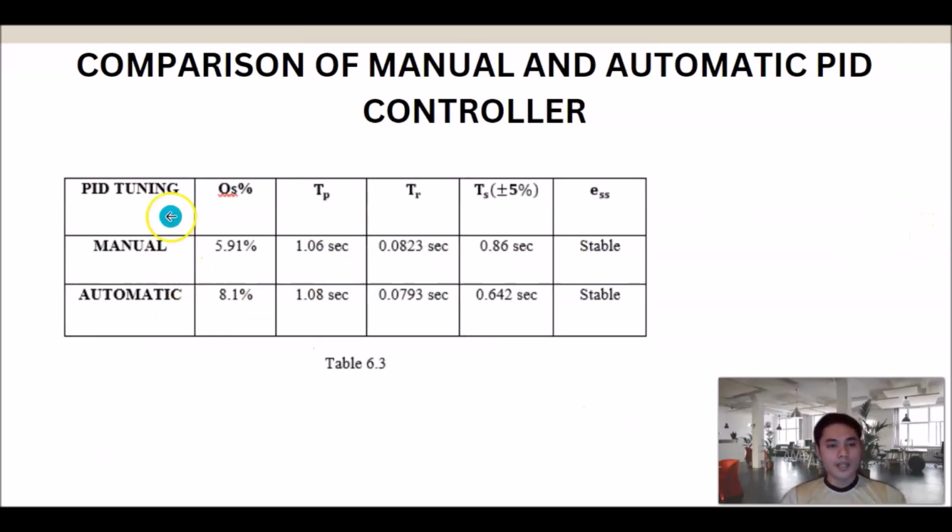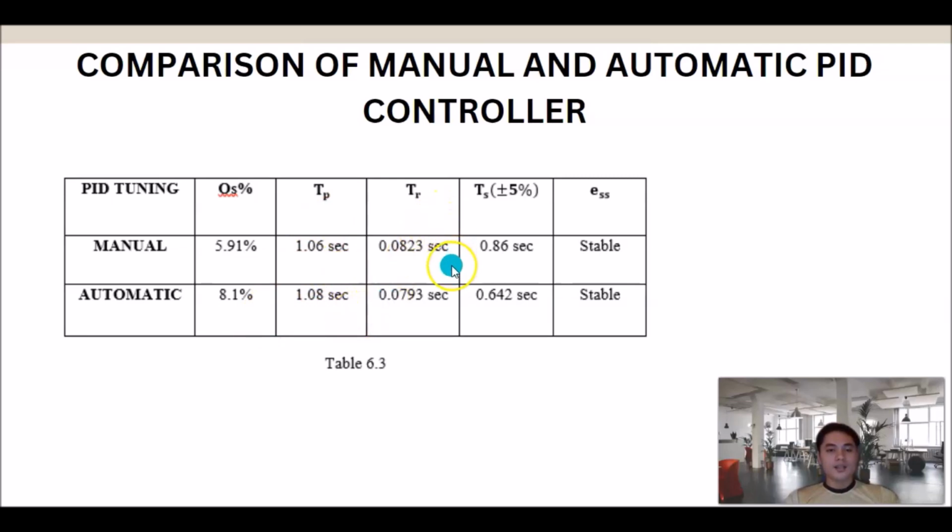So this is our PID tuning, manual and automatic. OS percent is 5.91% for manual and 8.1% for automatic. Our TP for manual is 1.06 seconds and automatic is 1.08 seconds.